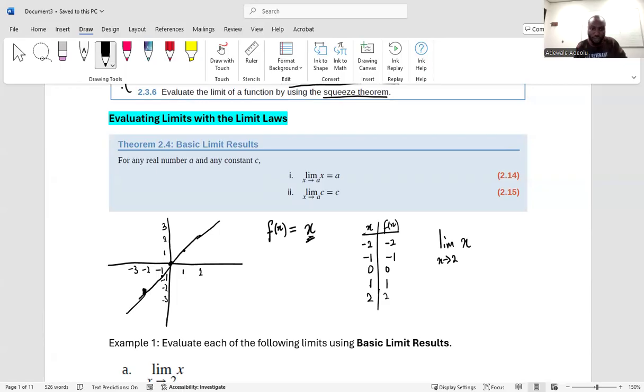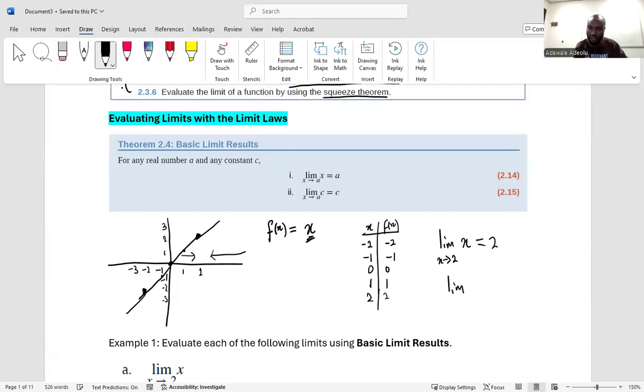you would look from the right and from the left. As you are moving from the right, the y value is trying to get to 2. As you are moving from the left, the y value is trying to get to 2. So it is 2.